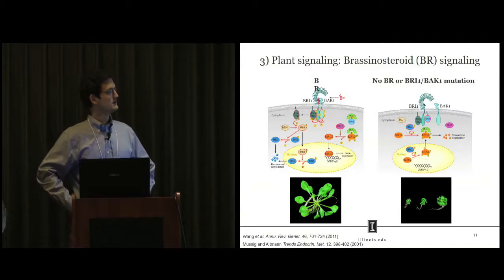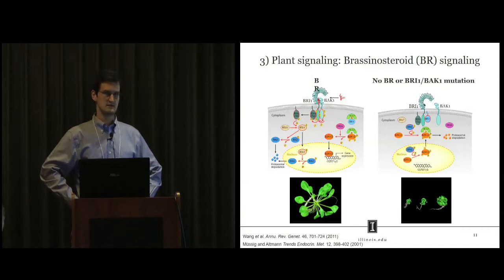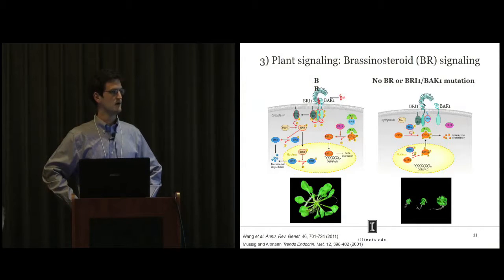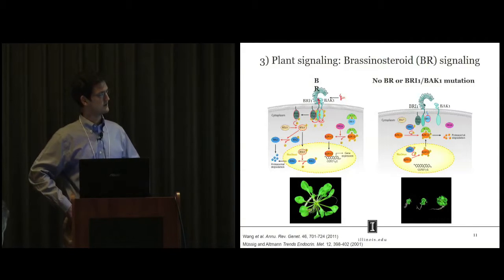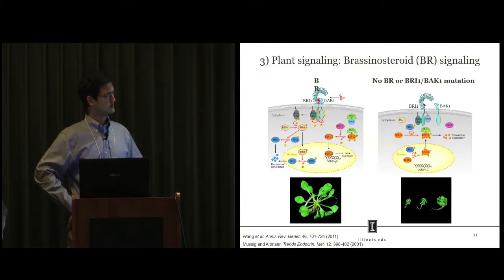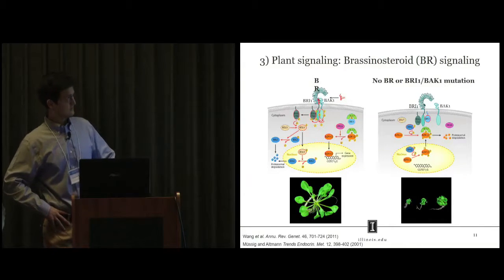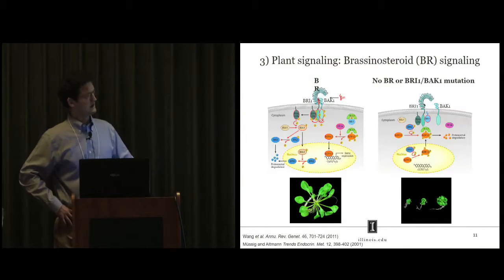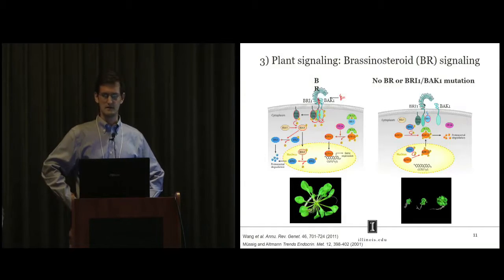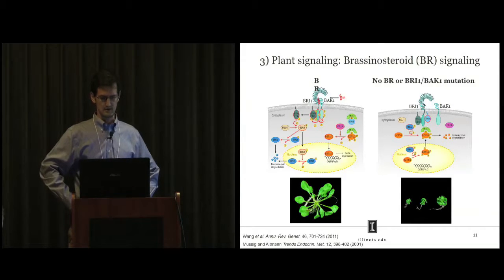One of the systems that we're working on is called the brassinosteroid signaling pathway. This pathway controls growth and development of plants. Brassinosteroid is a steroid hormone, which when it's present, can bind to membrane receptors, one called BRI1, which is shown there, and it promotes association with another receptor called BAK1, and then that leads to downstream signaling and growth of the plant.